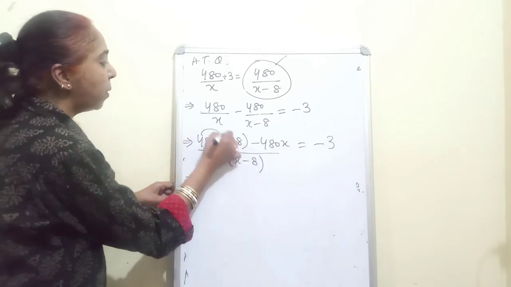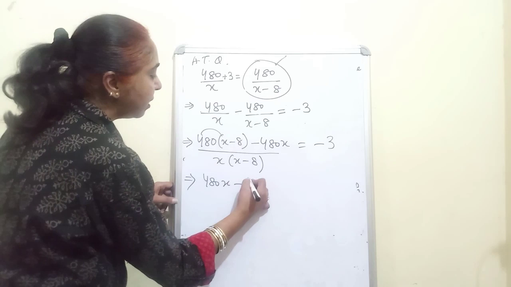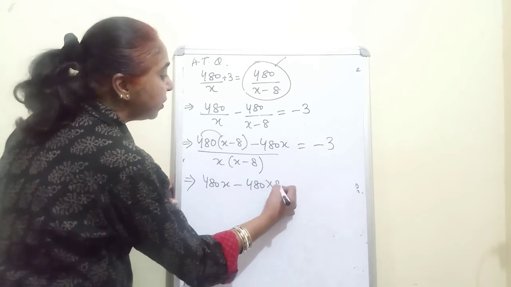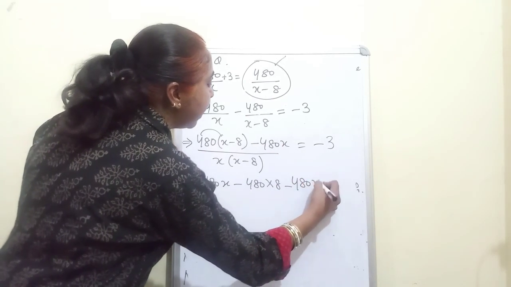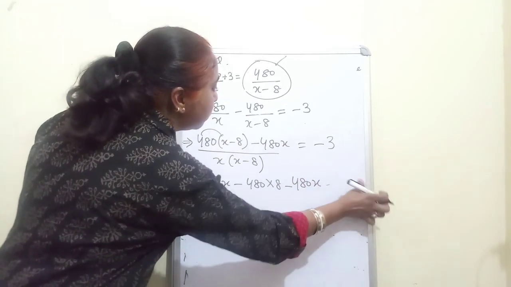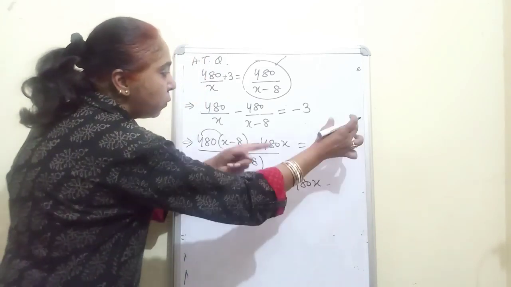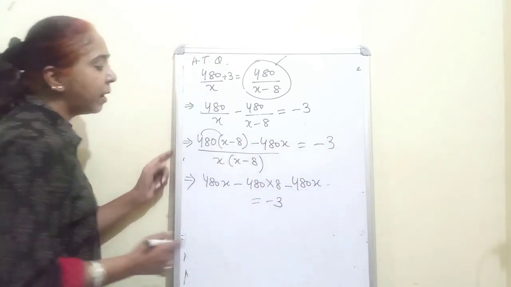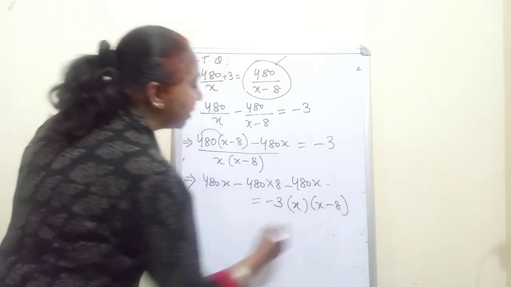Solve it a little, open up the bracket. This will be 480 into x minus 480 into 8 minus 480x equal to, this will go on the right hand side, and it will be x and x minus 8.